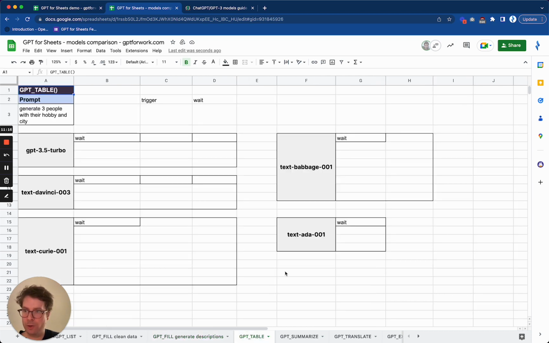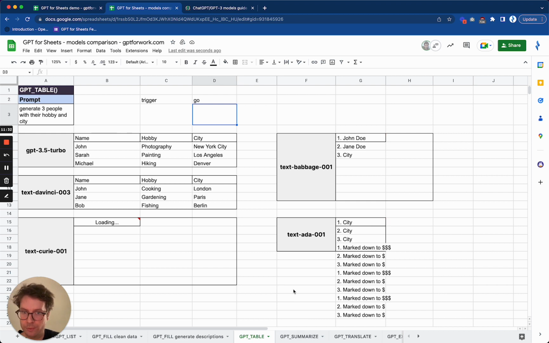Okay, now let's use GPT table to generate some sample data. So here I want to generate 3 people with their hobby and city. So let's go. Okay, so interestingly, the slowest was Curie, and it's the one which completely failed, which even didn't output much.